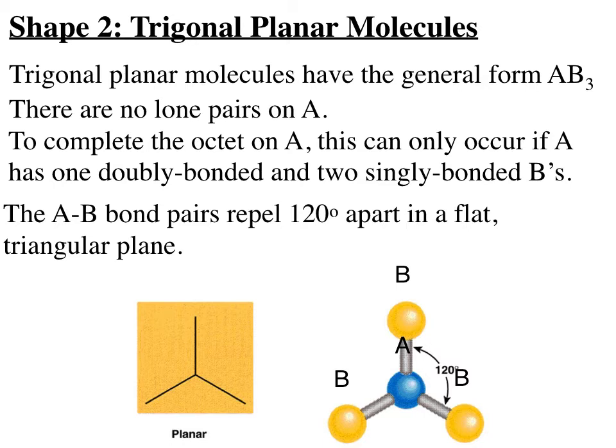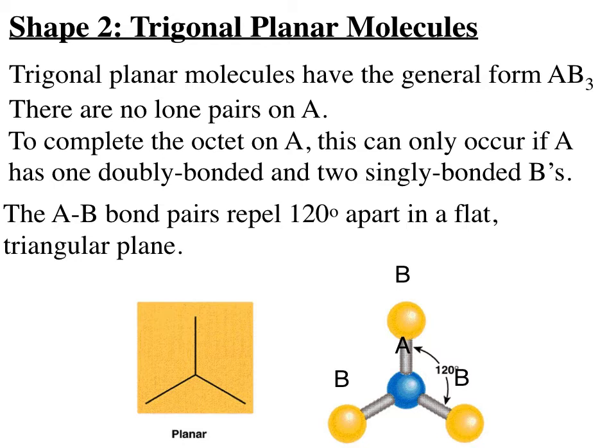Okay, so the only way the central A can have no non-bonding pairs of electrons, yet have 3 bond pairs, and the bond pairs make it such that it has a complete octet, is 1 double bond to one B, 2 single bonds to the other 2 Bs. This, of course, leads to resonance. It doesn't matter which B does the double bonding. It's just an artifact that one of them must.